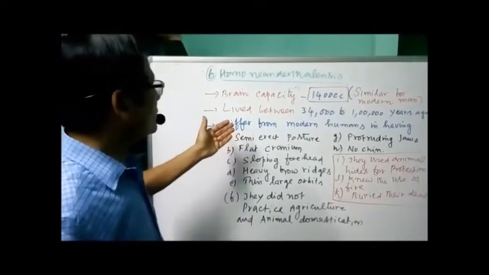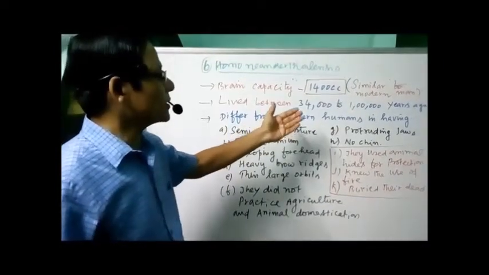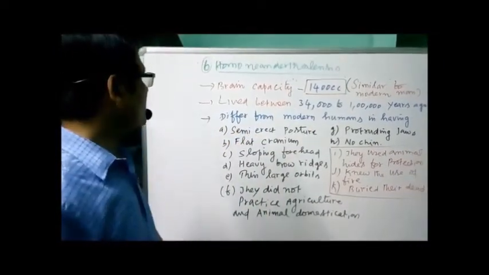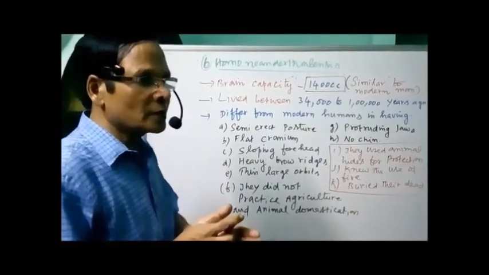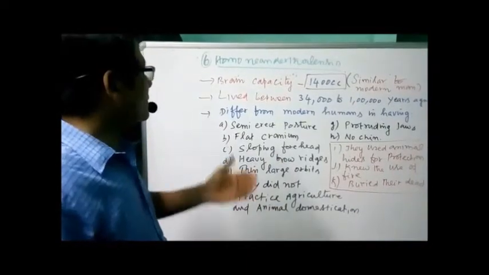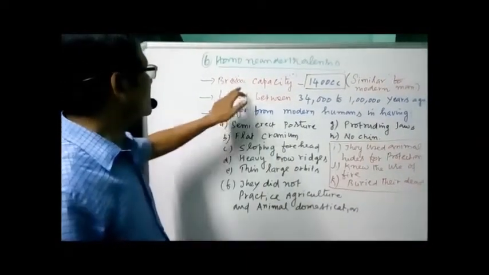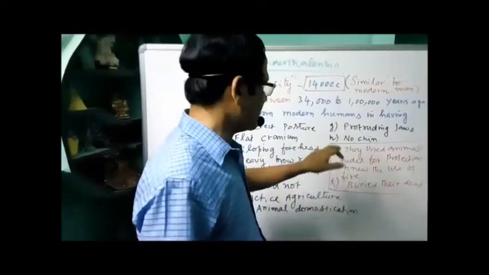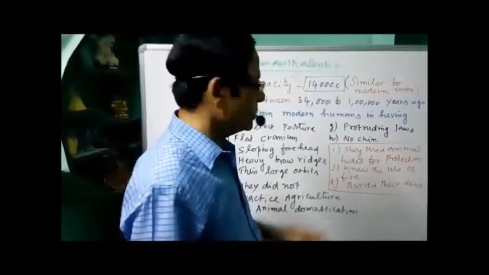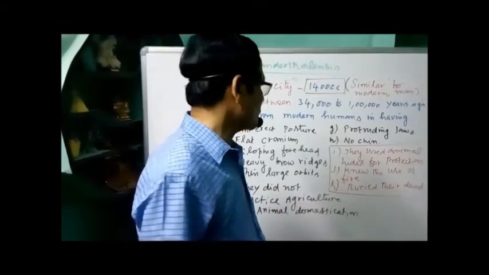They lived between 34,000 and 1 lakh years ago. They had some characteristics different from modern man, but the main one was brain capacity. Then we have other characteristics of such humans, mainly important questions also.